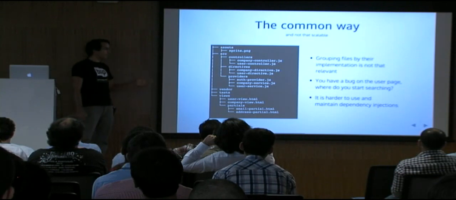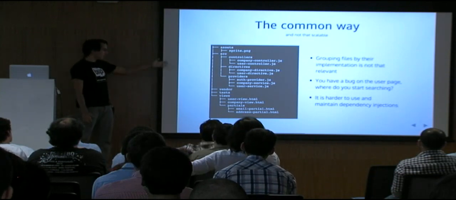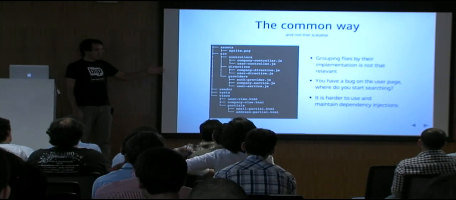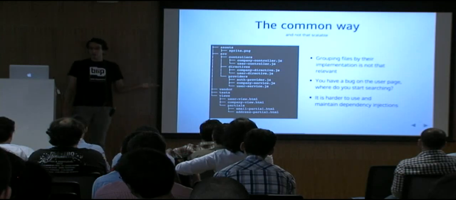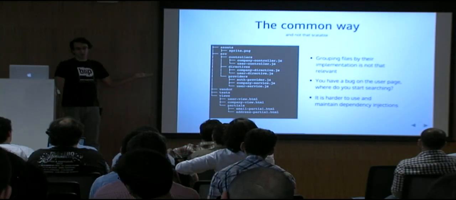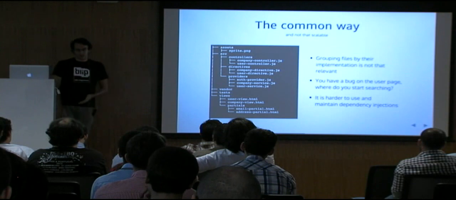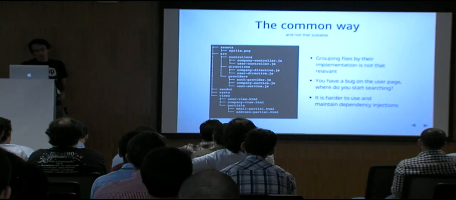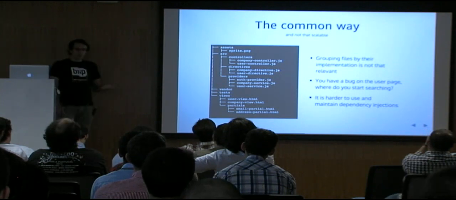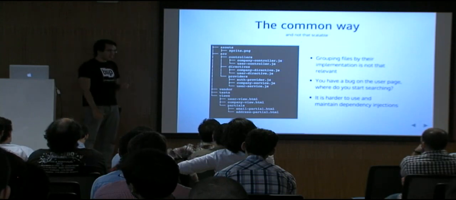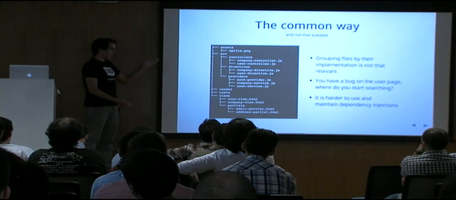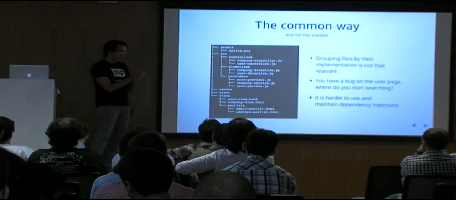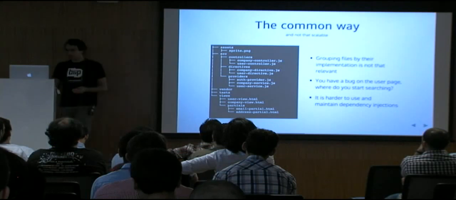So we have all controllers in one folder, all directives, all providers. This is simple, okay, but not if you have 100 controllers or 100 directives. It's a complete mess. So where do you start searching if you have a bug on user? You can't even use the IDE to peek at the search. It's horrible.